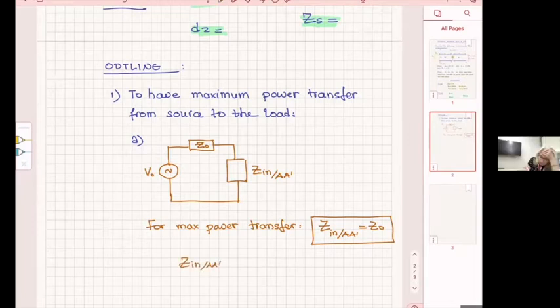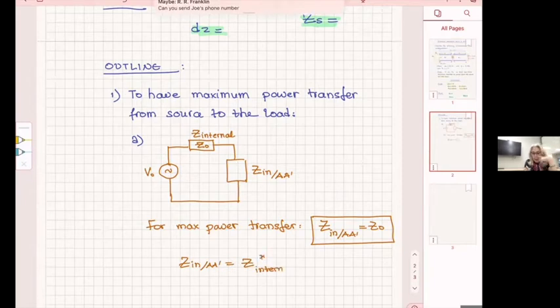But the maximum, if that were to be internal, let me write here internal. Let's assume that Z here is Z internal to the source. So that will have to be Z internal complex conjugate.